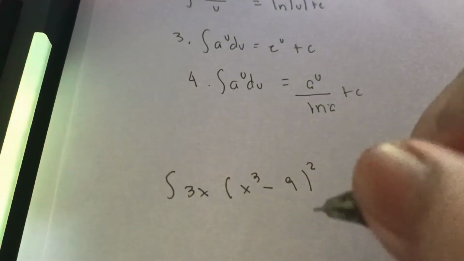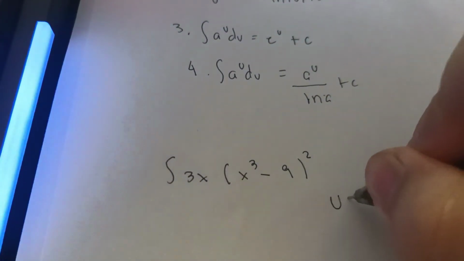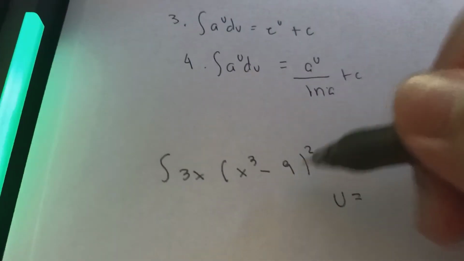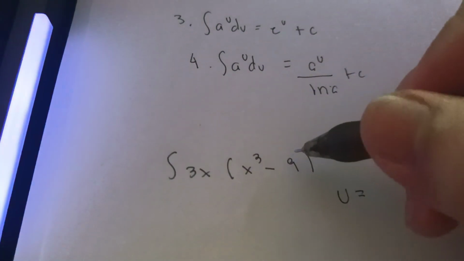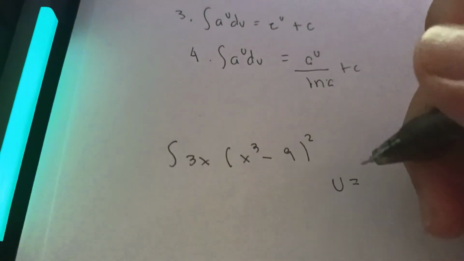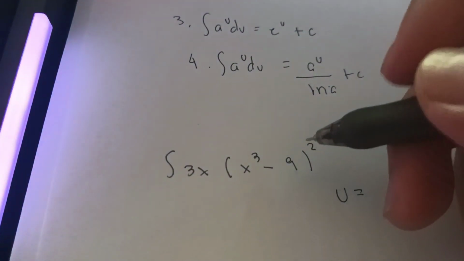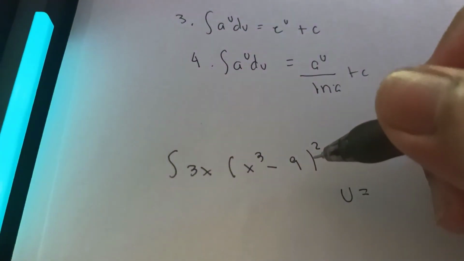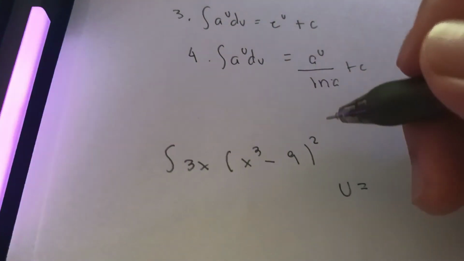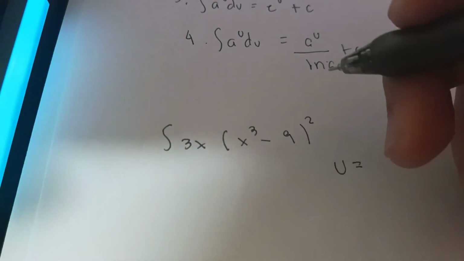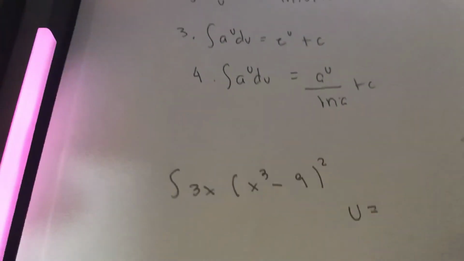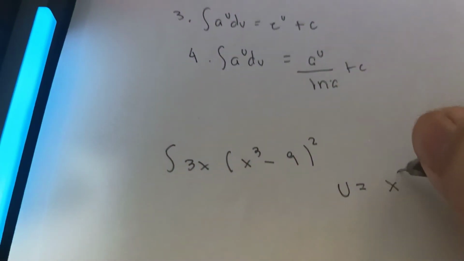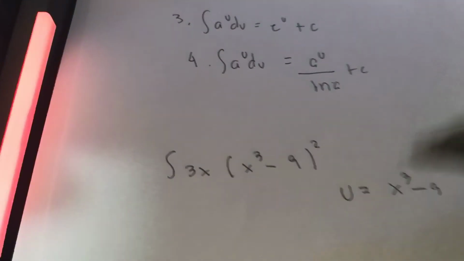So the first thing you need to do is look for the u. I usually identify u as the term that has a variable with an exponent, or the expression inside the open and close parentheses. So our u is x cubed minus 9 here.